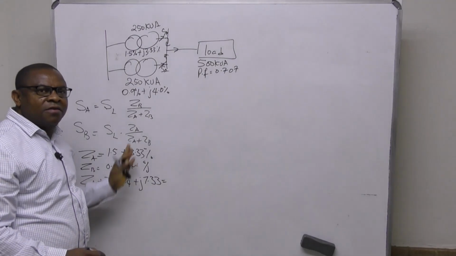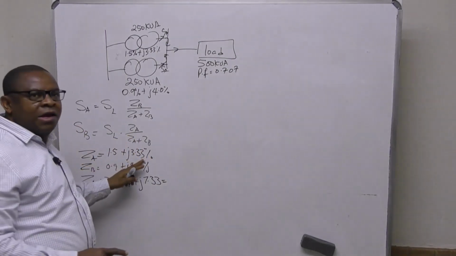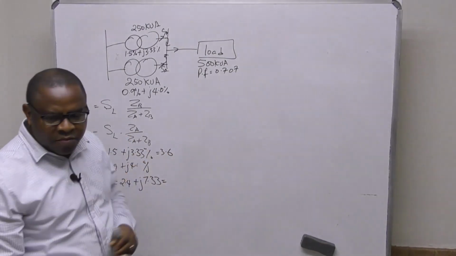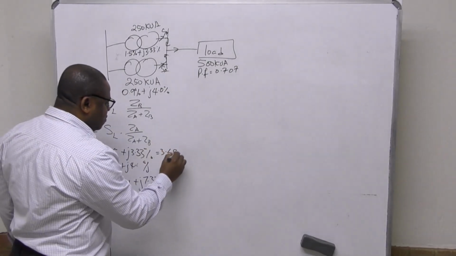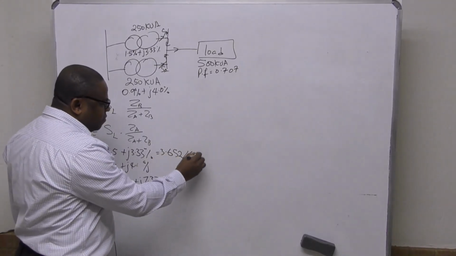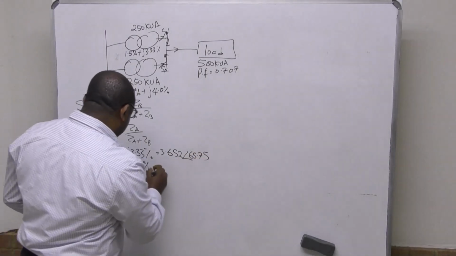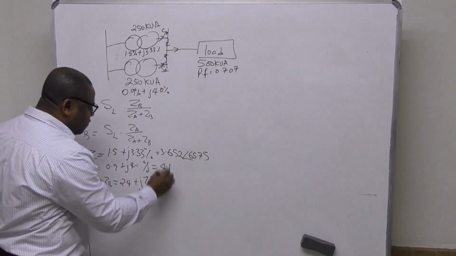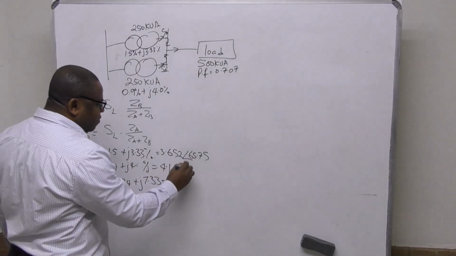You can convert all this to polar form. Just check with me if you got ZA in polar form to be about 3.652 with an angle of 65.75. You can also check ZB will give you about 4.1 with its own angle of 77.32.